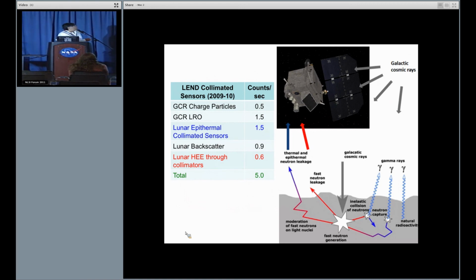This is just due to the galactic cosmic ray onto the LRO structure itself and charged particles. This is the number that we just gave you, the 1.5 counts per second. There is lunar backscatter. There is backscatter coming from the back end of the LEND instrument, which is very lightly unshielded. And this is the component you're talking about.